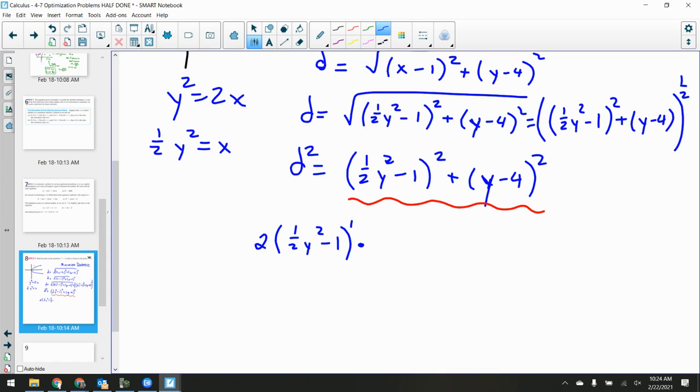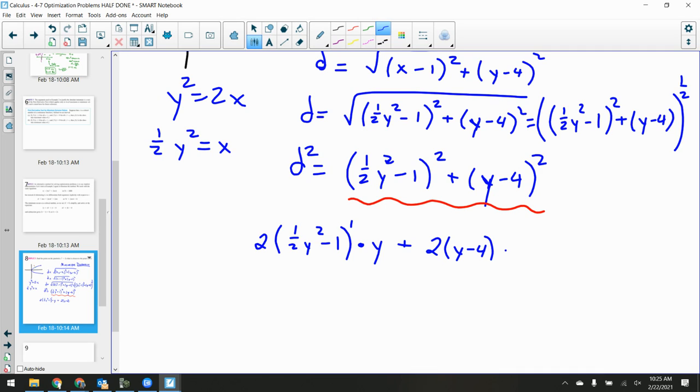What's the derivative of the inside? Be careful. Y. Just y. Because it would be 1/2 y squared, bring the 2 up front, 1/2 times 2 is just 1. So it would just be y. Plus the derivative of the second piece, 2 times y minus 4. And then what would be the derivative of the inside?